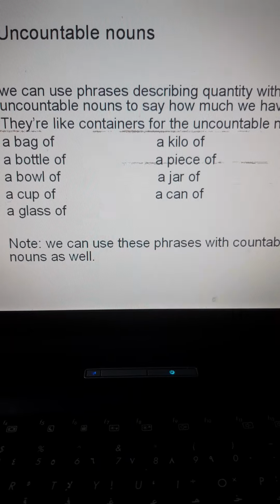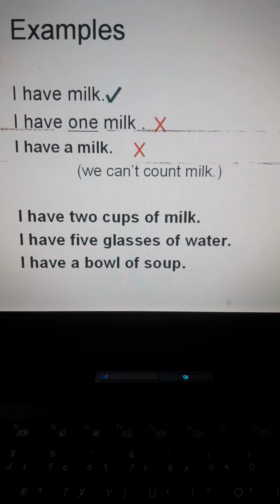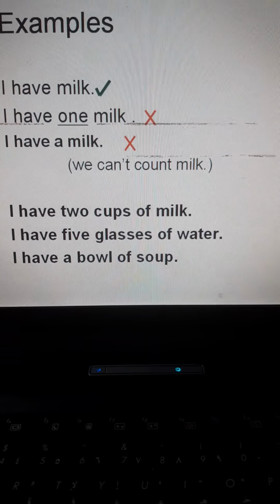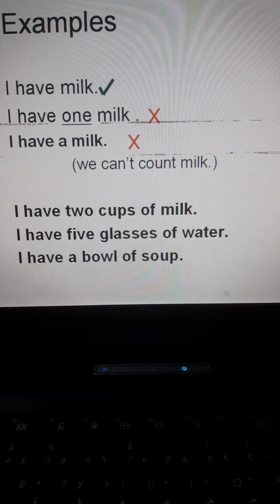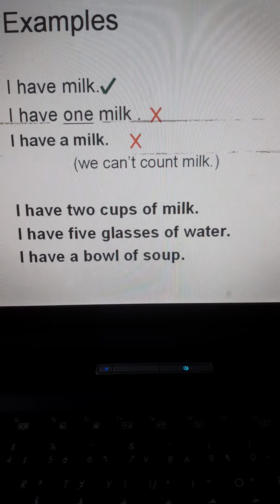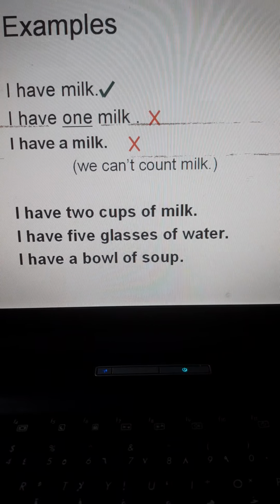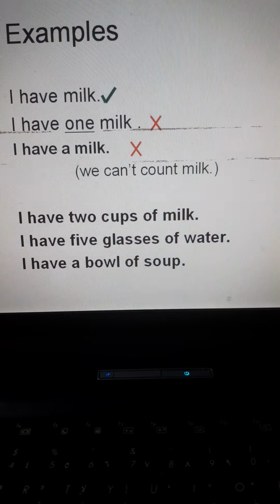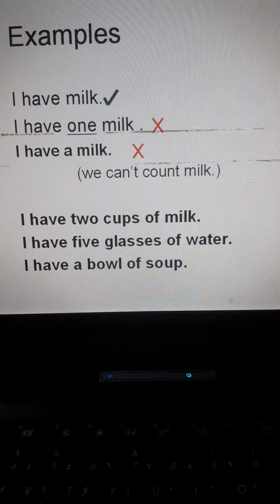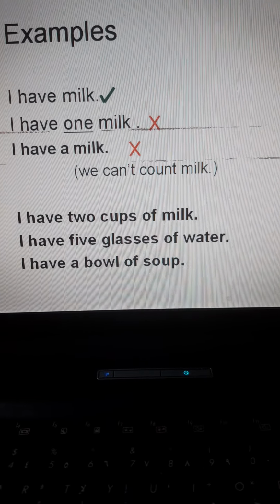So, here, I have 2 cups of milk. Here, we are not counting the milk. We are counting the cups of the milk. Here, the cups are the containers, okay, of the milk.